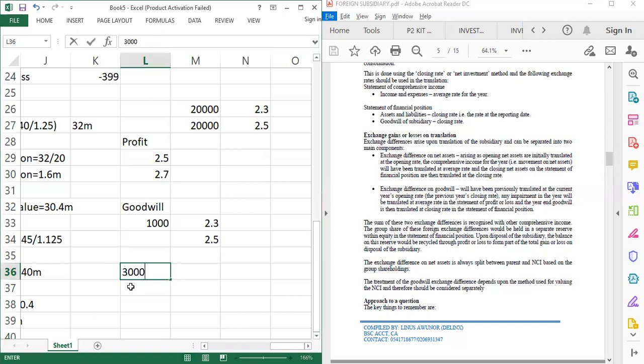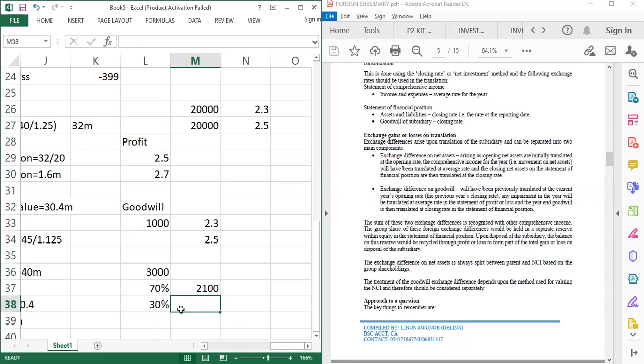So what we do is that if at the end of the day, the exchange difference is 3,000 and the parent is having 70% control and the NCI, non-controlling interest, which was formerly called minority interest, is 30%. How much would the parent be receiving in their proportion? 2,100.